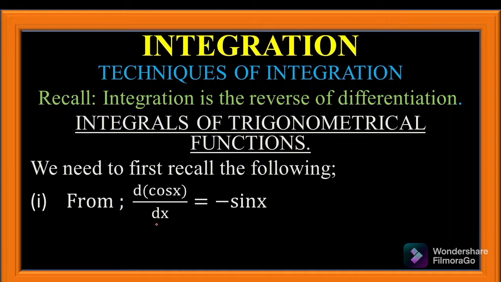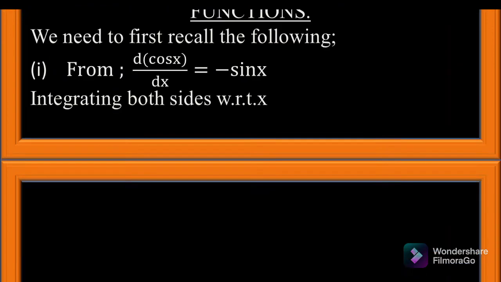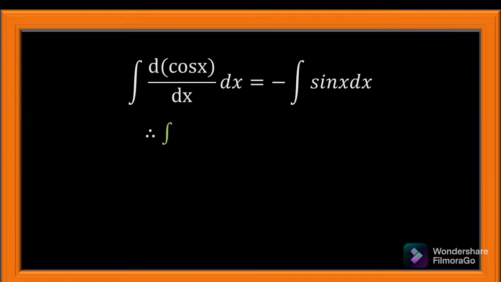Now, when you integrate the derivative of a function with respect to x, you expect to get that very function. So it means I will say integrating both sides with respect to x, I expect to have the integral of the derivative of cos x with respect to x equals the integral of negative sine x.